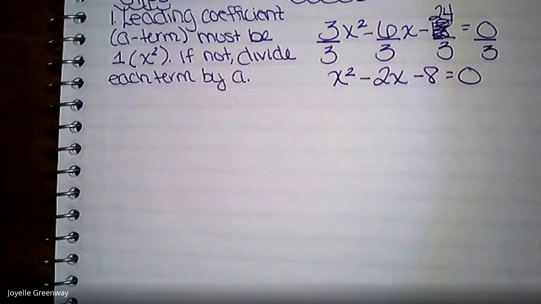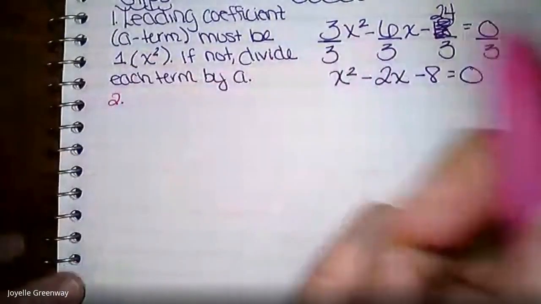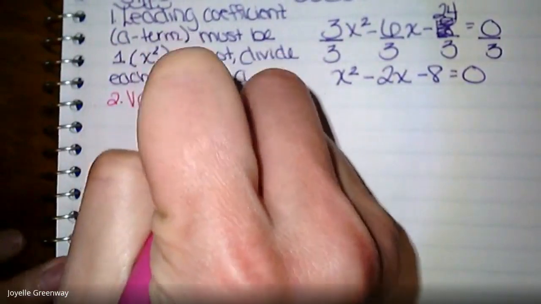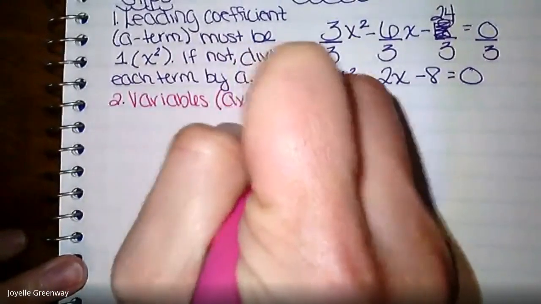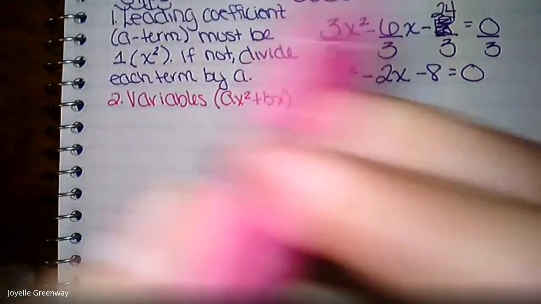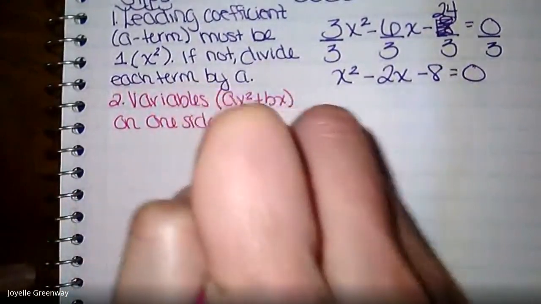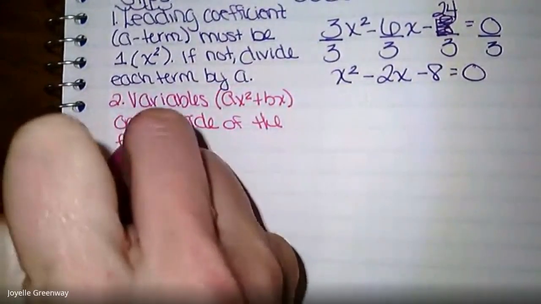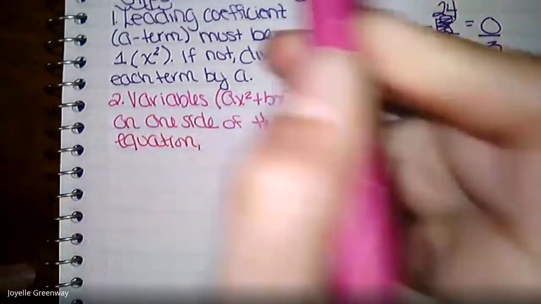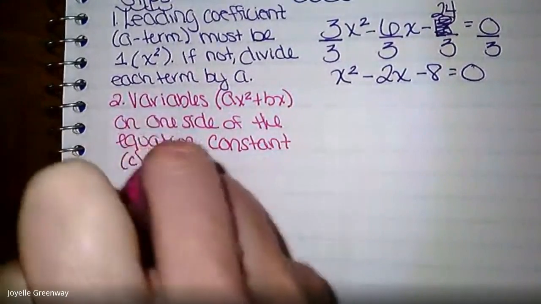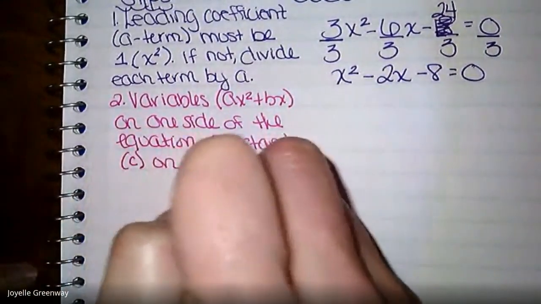Okay, step 2 is to make sure that your variables, which is the ax squared plus bx, are on one side of the equation, and the constant, which is your c term, on the other.